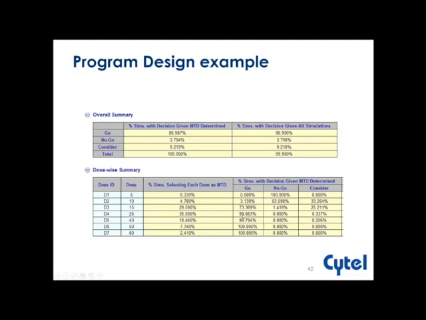If we happen to select a lower dose in a given simulation, then you can see we're making go decisions less frequently, and more consider decisions and no-go decisions. So that's all very intuitive.